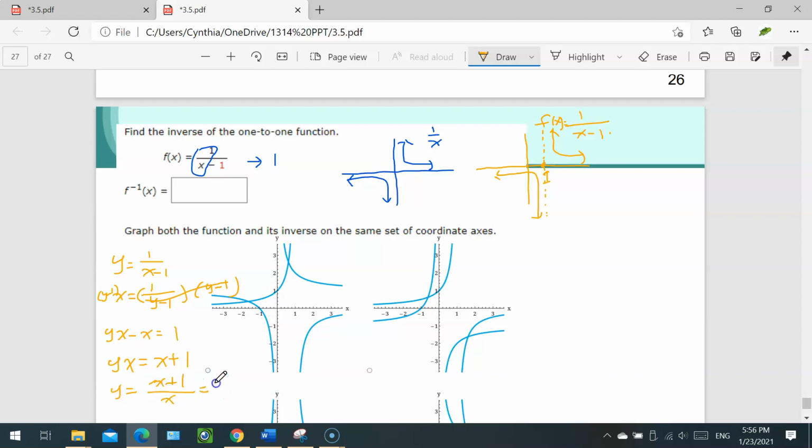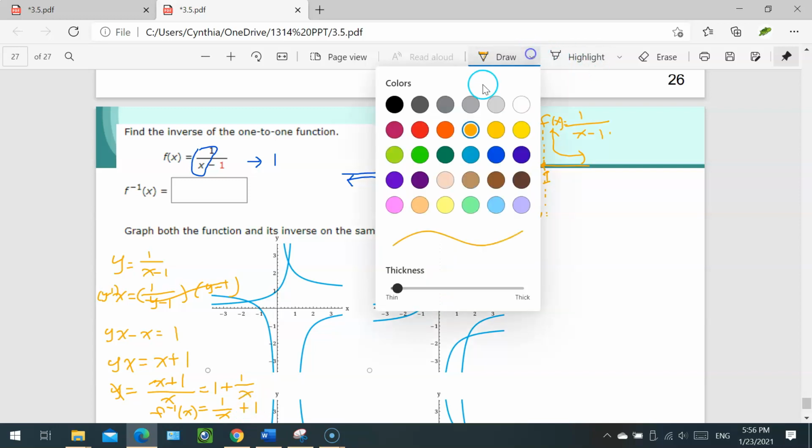So x over x is 1, and 1 over x is 1 over x. Let me flip this, so it turns to 1 over x plus 1. And y, I'm going to rewrite as the inverse of x. So that means the inverse function of f is a rational function, but the function is shifted up 1 unit on the y-axis. Let me use another color.